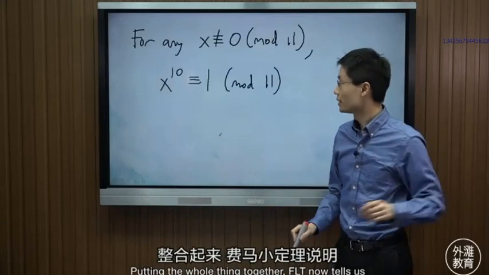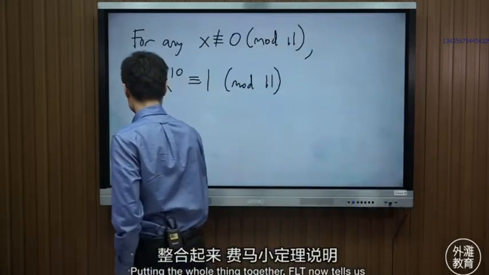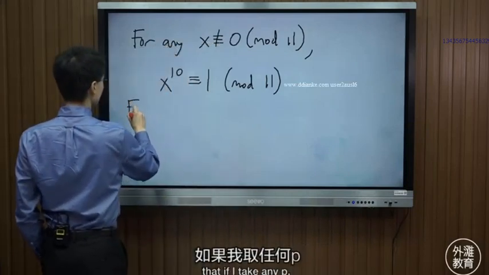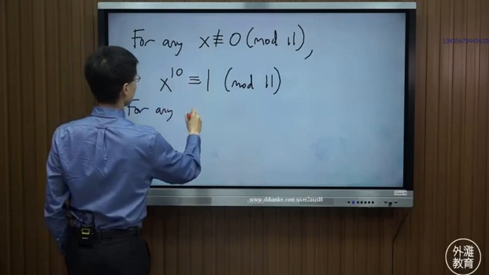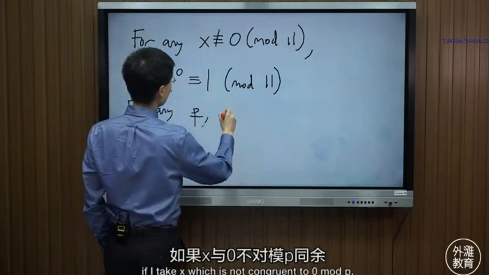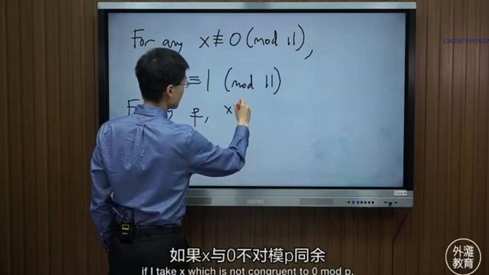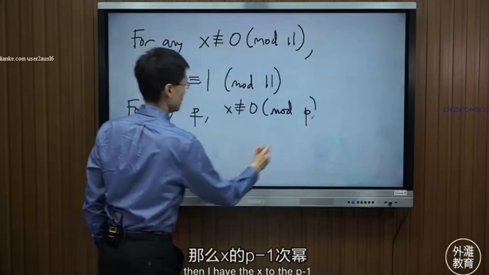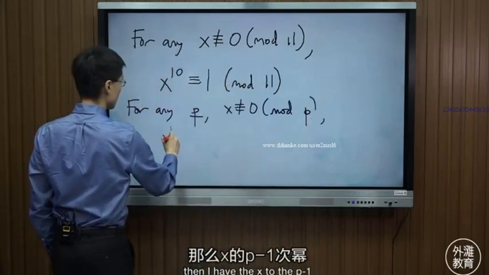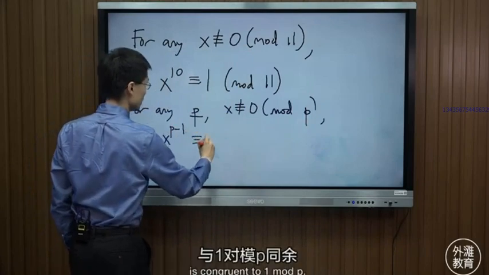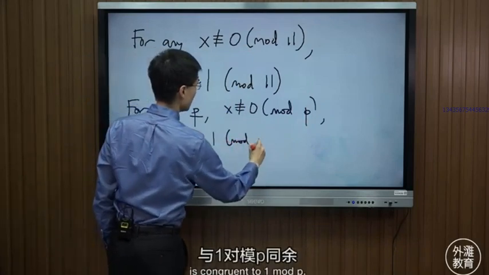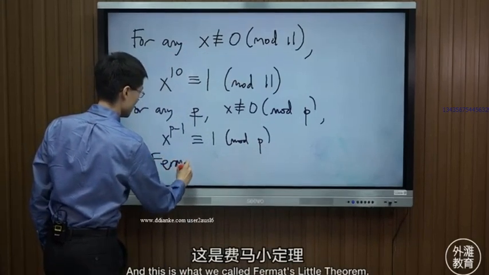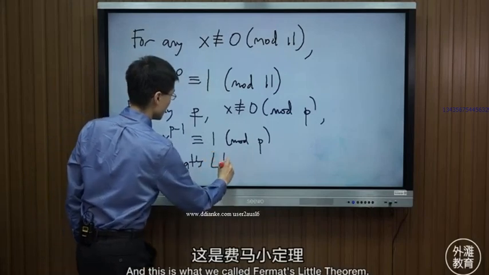Putting the whole thing together, Fermat's little theorem now tells us that if I take any prime p, if I take x, which is not congruent to 0 mod p, then I have that x to the power p minus 1 is congruent to 1 mod p. And this is what we call Fermat's little theorem.